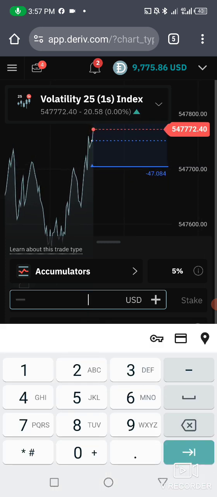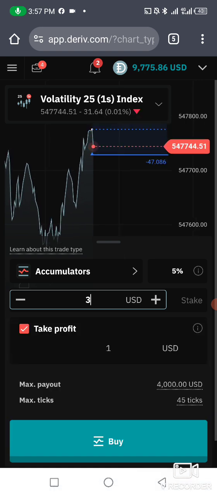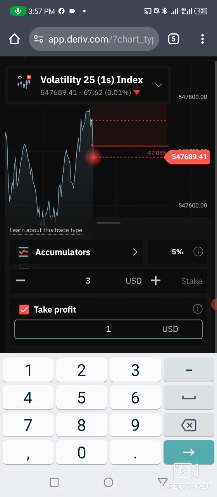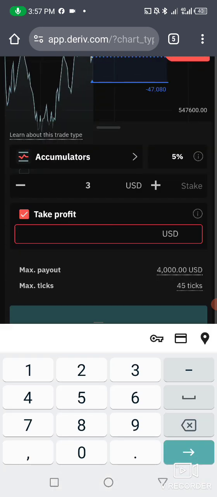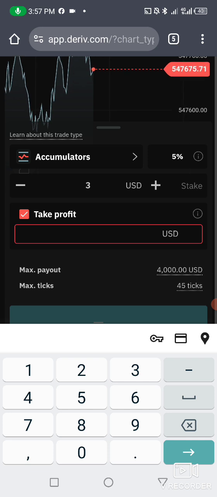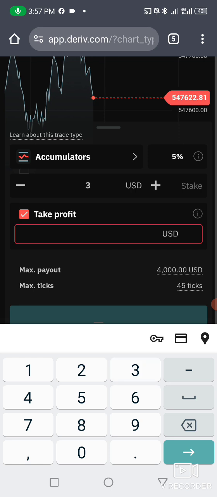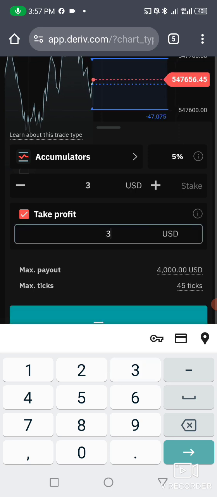If it doesn't work, you can type it directly. This is take profit. If you check on take profit, you type the take profit. I prefer 100% take profit. That means your take profit will be equal to your stake.